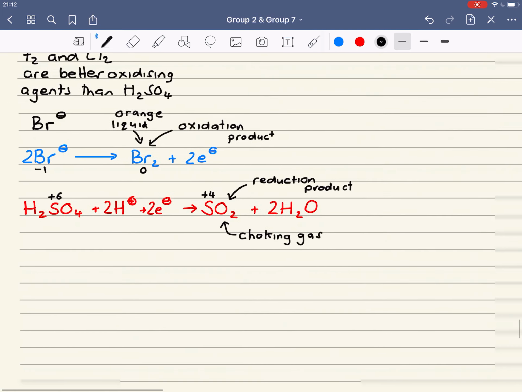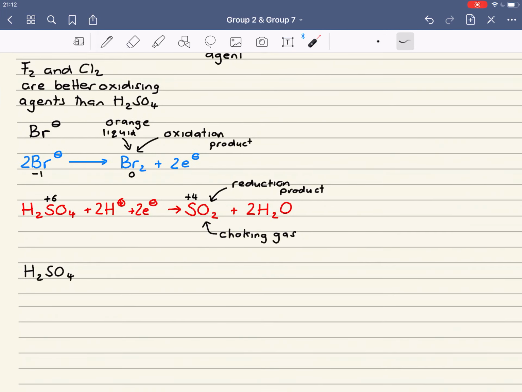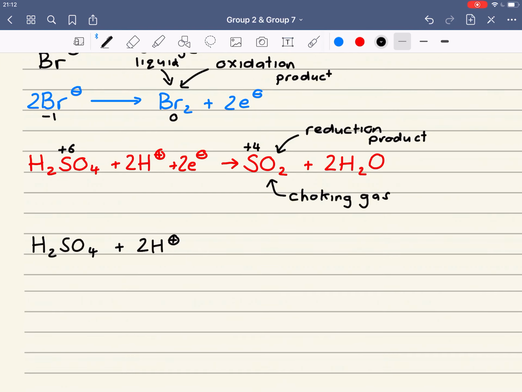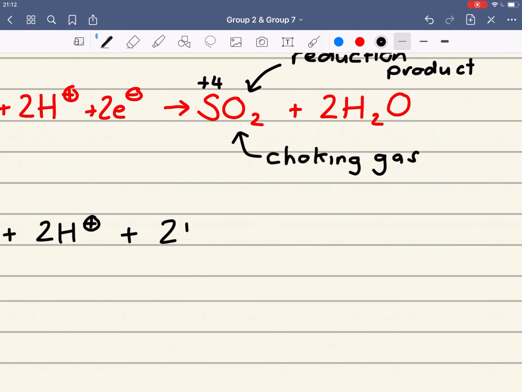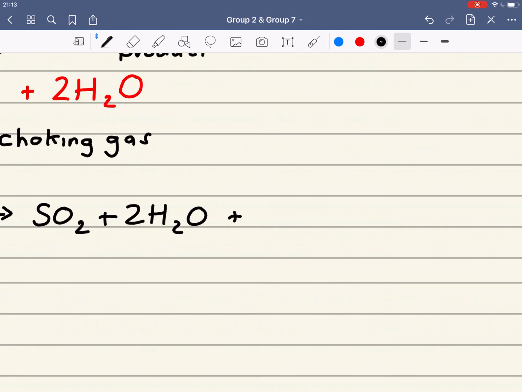Okay, so we can combine those two half equations to give an overall equation, and that is then H2SO4. We can see hopefully that the electrons cancel, 2 electrons there, 2 electrons there. So we can write an overall equation, H2SO4 plus 2H+, they're the reactants from my reduction, plus 2Br-, and that reacts to form SO2 plus 2H2O, they're my products from the reduction, and we've got Br2 from the oxidation.